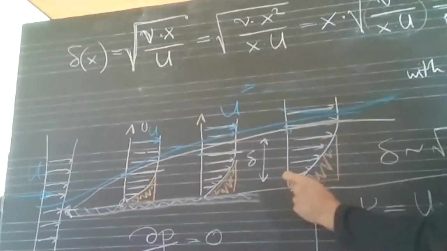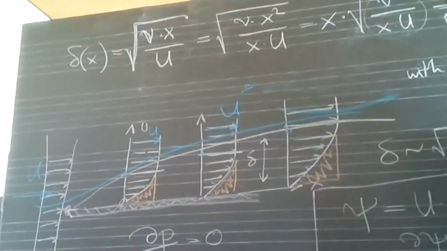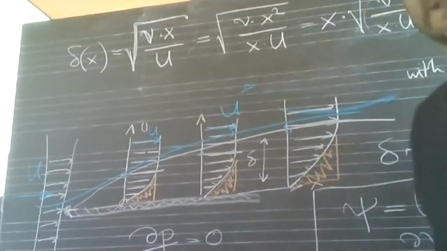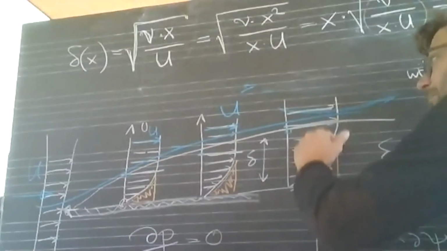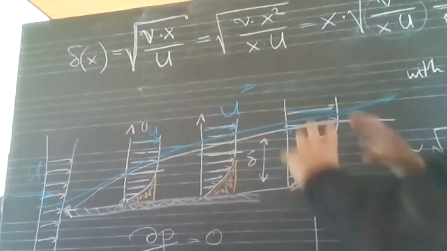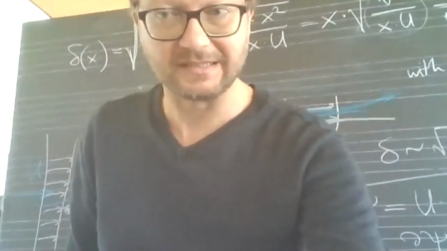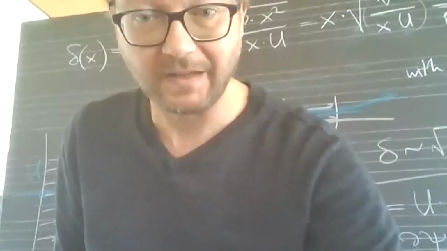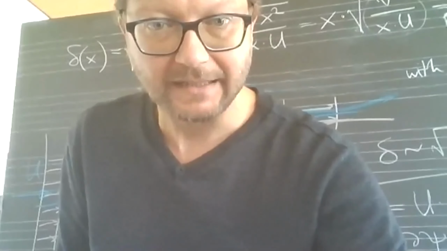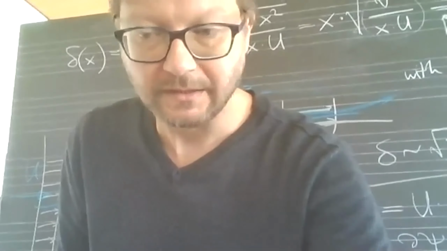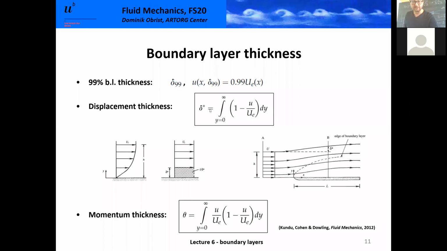It's displaced to compensate for this amount of fluid that we're not transporting here. The amount of displacement due to the boundary layer itself is called the displacement thickness. And that is given by this integral here. It tells you how much the streamlines are displaced. It's also shown in this diagram down here.